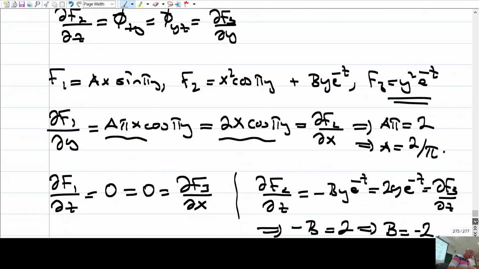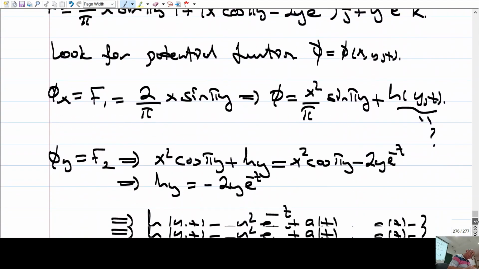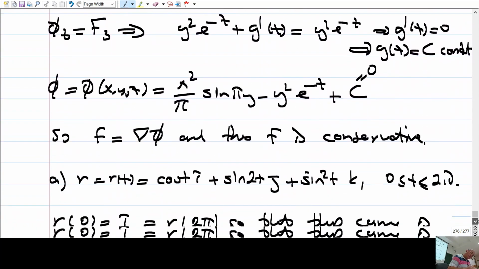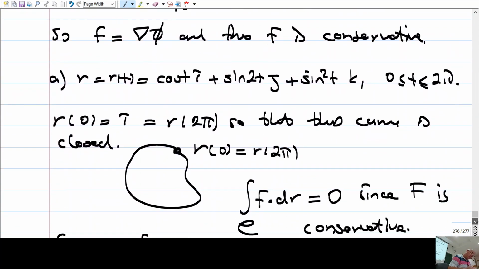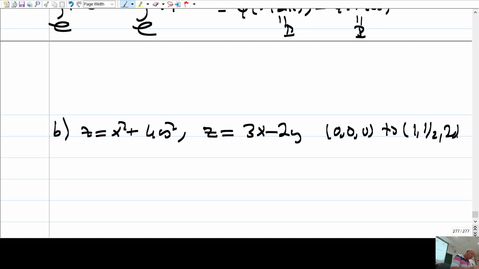And the intersection of this with the plane 3x minus 2y, from the point 0, 0, 0 to 1 over 2, 2.